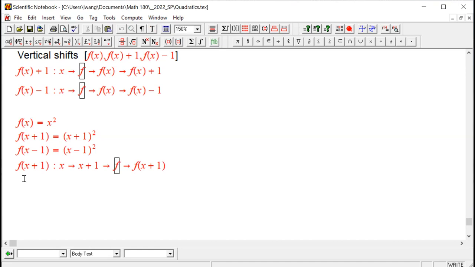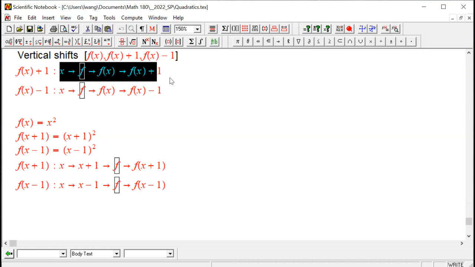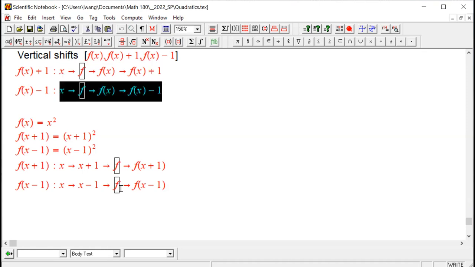For f of x minus 1, the flow is that before the rule of the function is applied to the input, we subtract 1 from the input. And then we apply the rule of the function, and we get f of x minus 1. Compare these two processes. They're very different, aren't they?